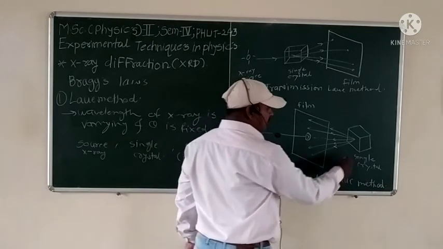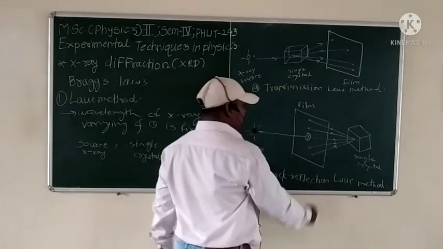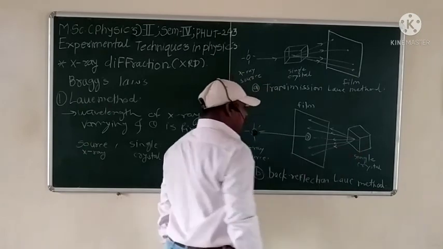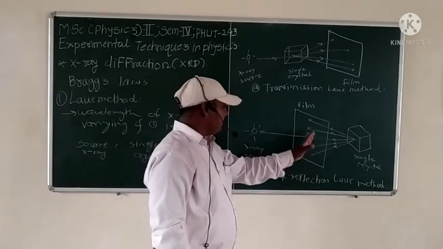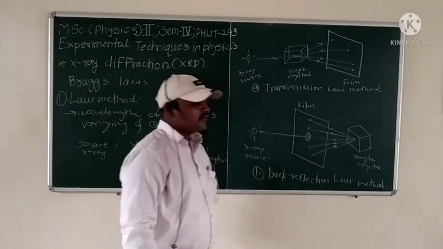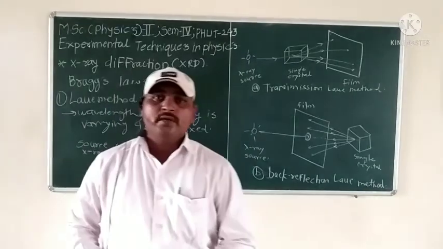After interacting with the different planes inside the crystal, the X-rays get back reflected, and these back reflected rays are collected on the photographic film and create a particular pattern.